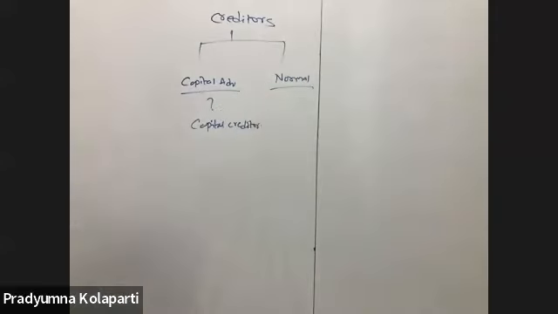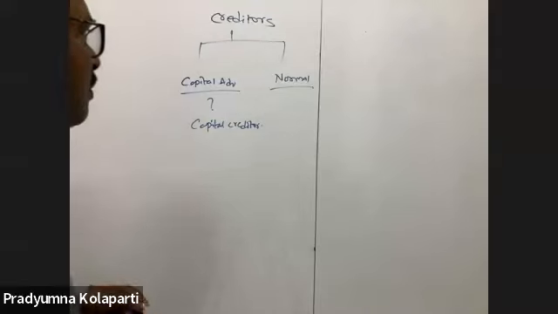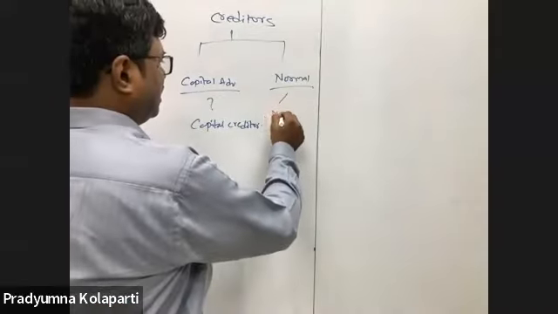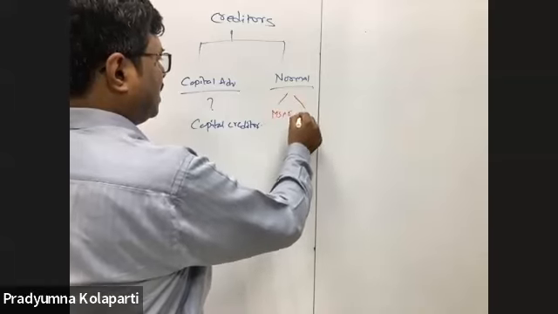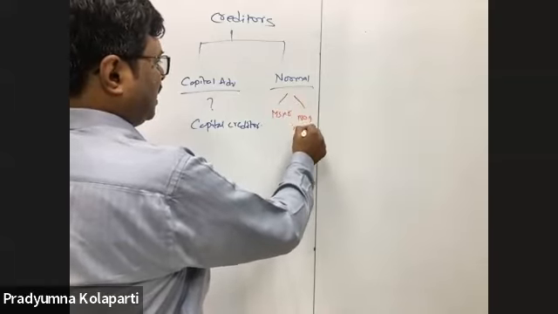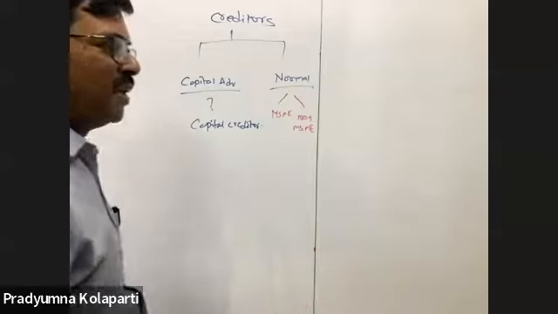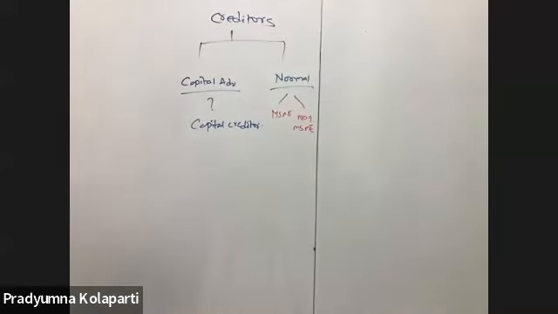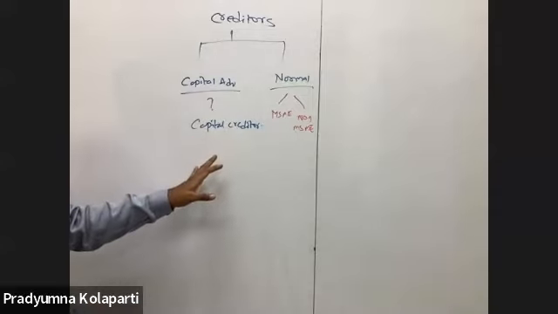And if it is a normal creditor, then it will go under sundry creditors. Of course, as per the MSME Act, we should differentiate MSME and non-MSME. This we will see in more detail when we are learning the financials. So this is another aspect of creditors.